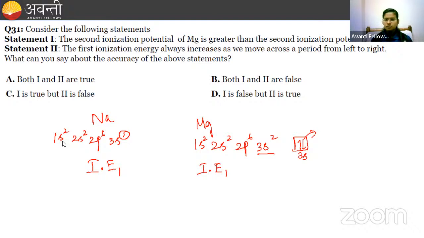After the removal of this first electron, I will get the configuration of sodium as 1s2, 2s2, 2p6, 3s0.